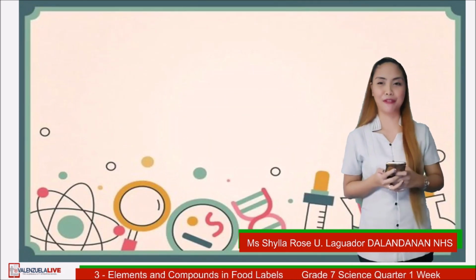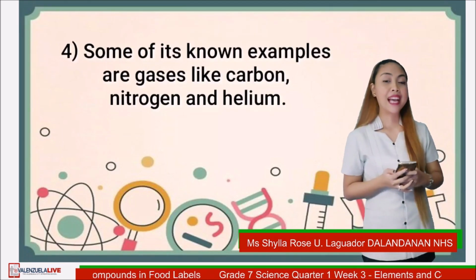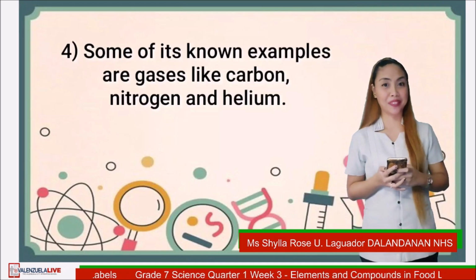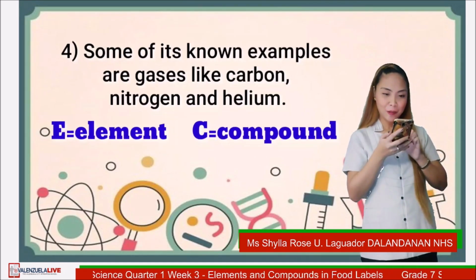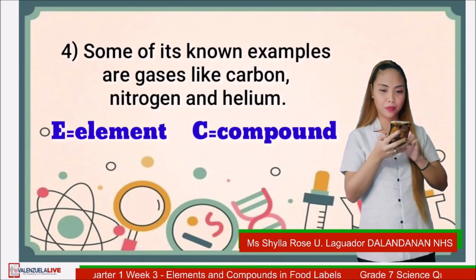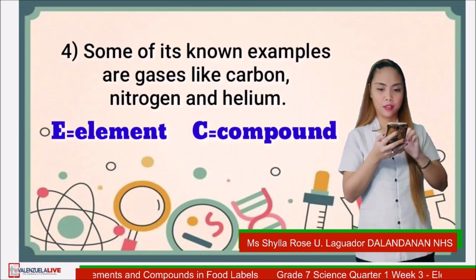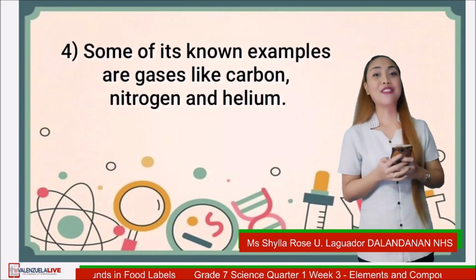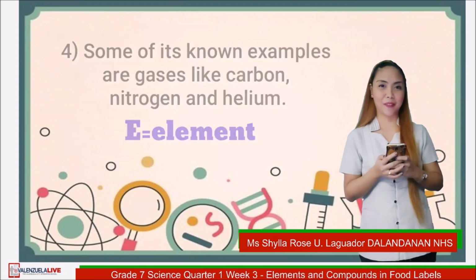Let's proceed to number 4. Some of its known examples are gases like carbon, nitrogen, and helium. Is it an E or a C? Very nice. The correct answer is letter E for element.